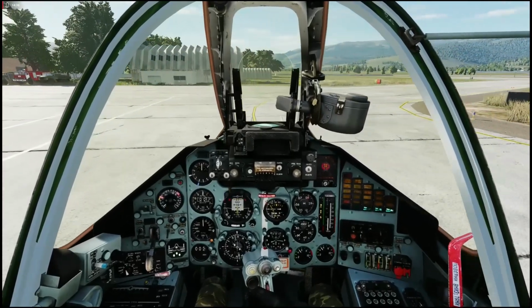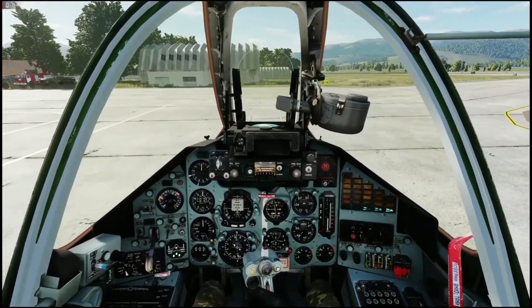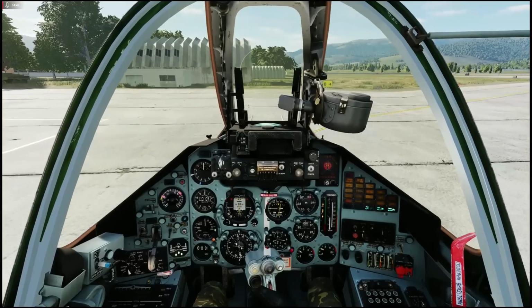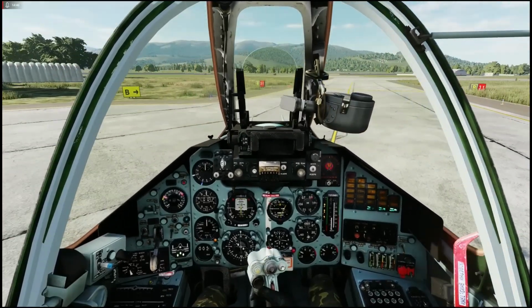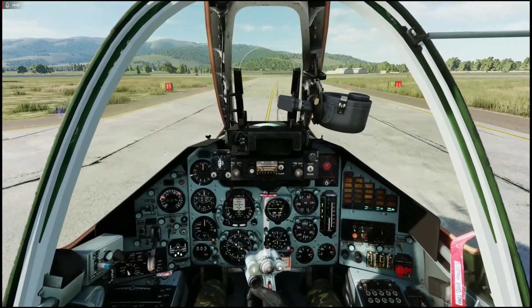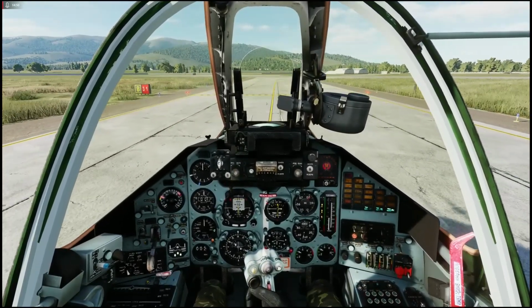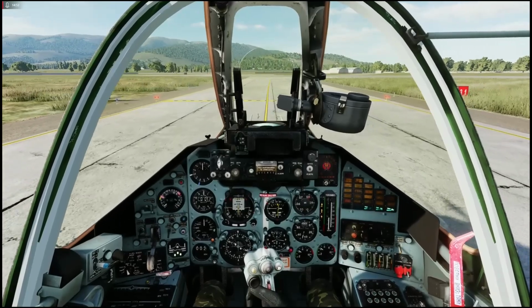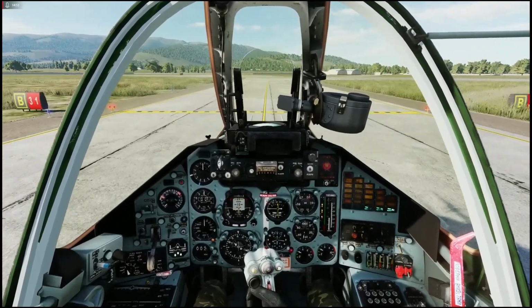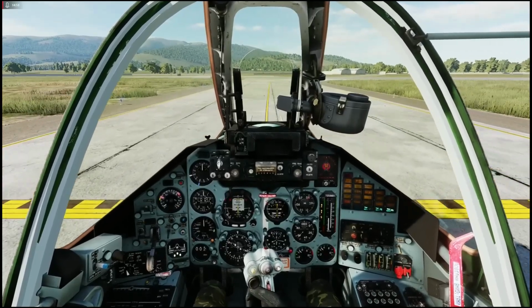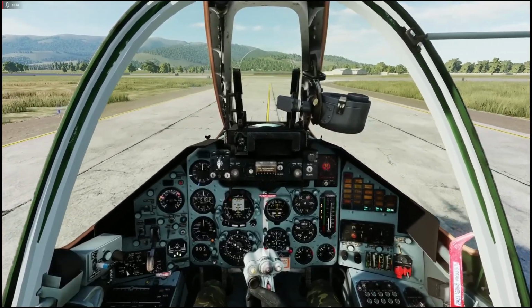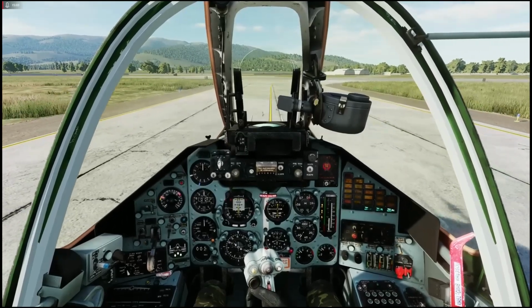I do not have any stores loaded, so I can take off from the initial point out here, and I don't have to taxi to the end of the runway. In my head I have already thought through the takeoff, and I'm thinking about the first steer point.